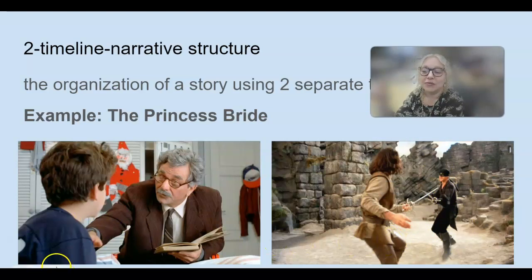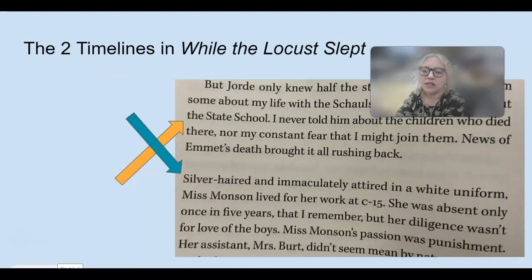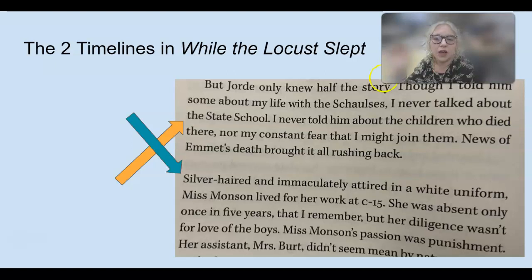What is his name? I can't think of it right now. I should know it. He repeats it several times. He's trying to avenge his father's death. So they're two totally separate stories that are happening at the same time. We have something similar in While the Locust Slept, but in While the Locust Slept, the characters are the same.